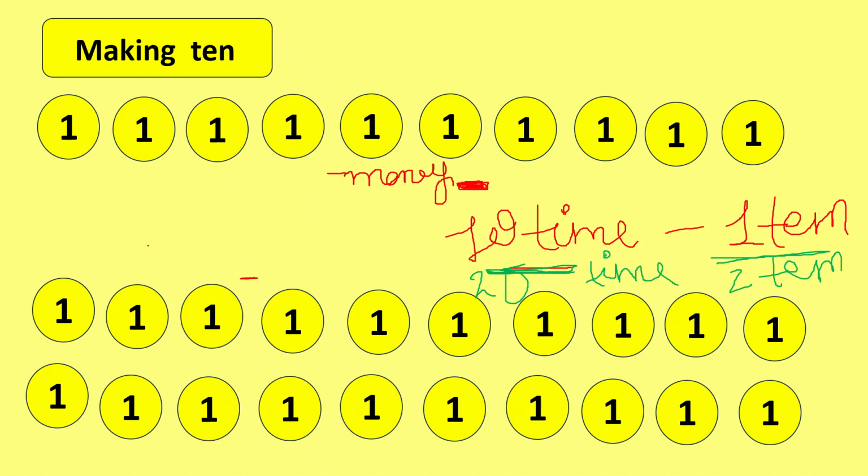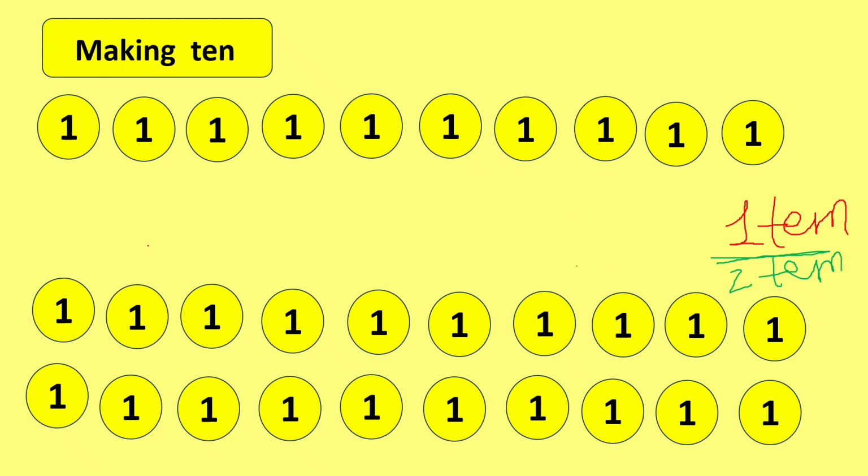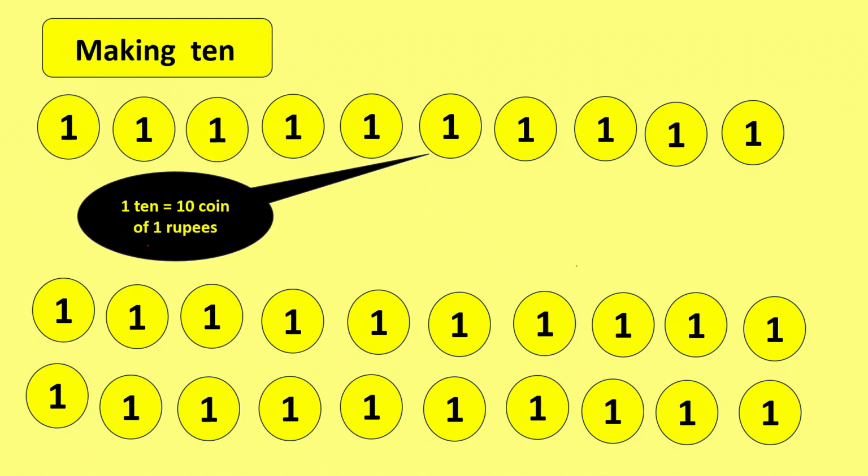So when we collect one rupee 10 times, we have 10 rupees. If we want 10 coins, like 110, we have collected 10 coins of one rupee, bacha, which I just told you.